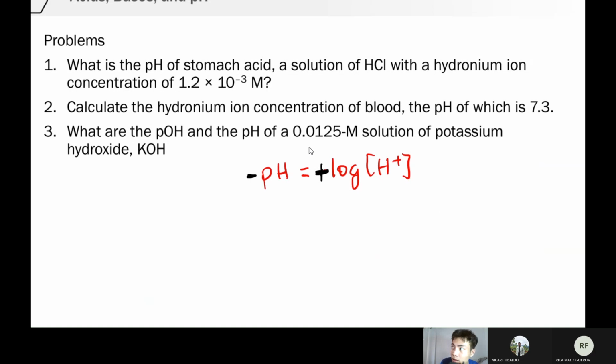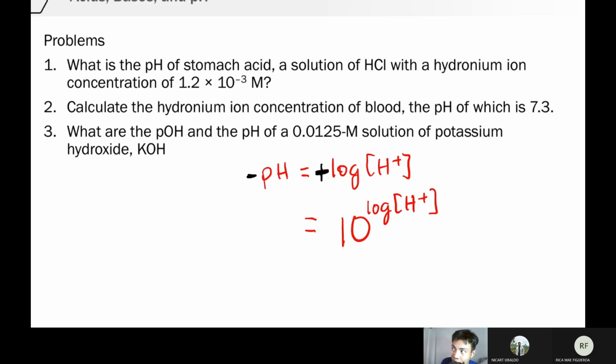That means you have to make this number an exponent. Ano yung base mo? Ano yung number sa baba ng exponent? So, that will be 10. So, yung log, gagawin mo siyang exponent ng 10.